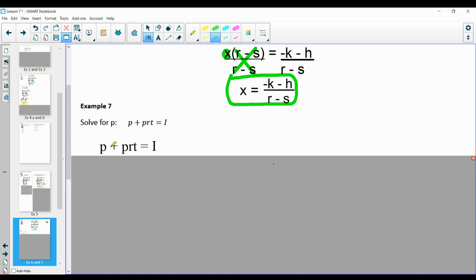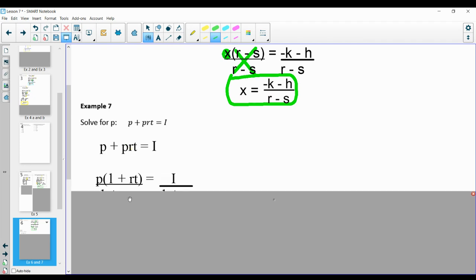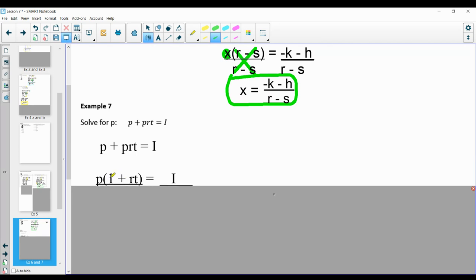Since both terms on this side contain the p, I am going to factor out a p from the left side. So if I factor out the p, I would be left with 1 plus RT, because p times 1 would be p, and p times RT would be PRT.